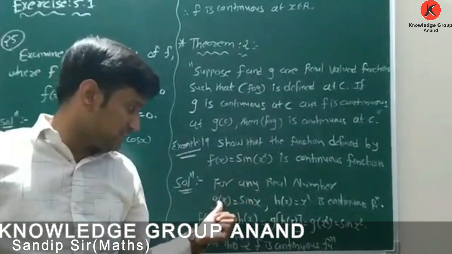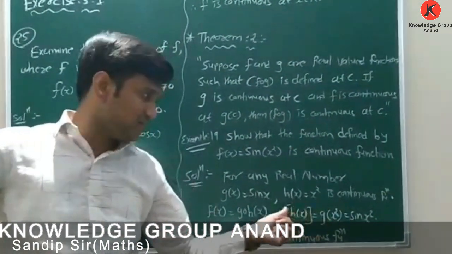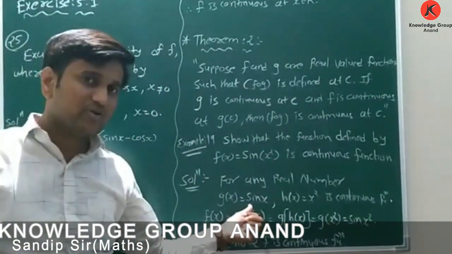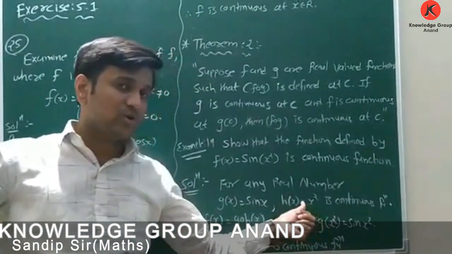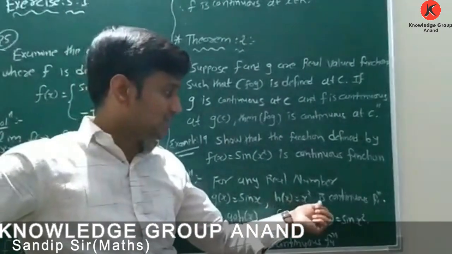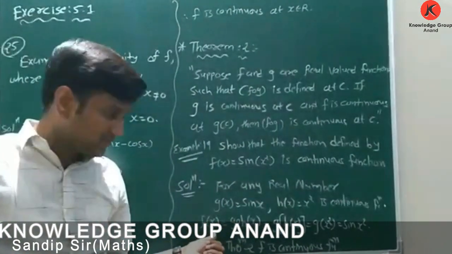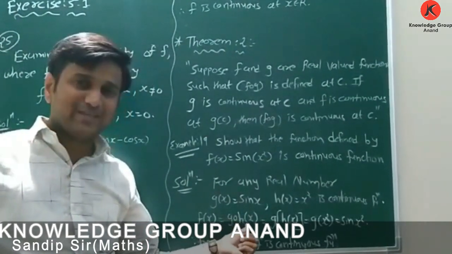So we can say that g of x is equal to sin x and h of x is equal to x square are continuous functions, because all trigonometric functions are continuous, as well as x square, a polynomial function, is also continuous. So we can directly say that these are continuous functions. So f of x is nothing but g composition of h of x.